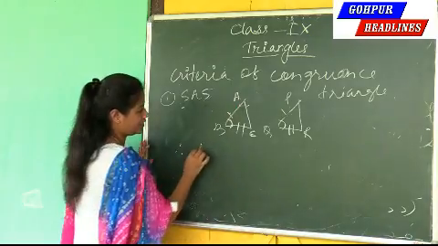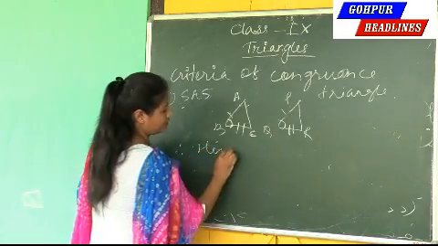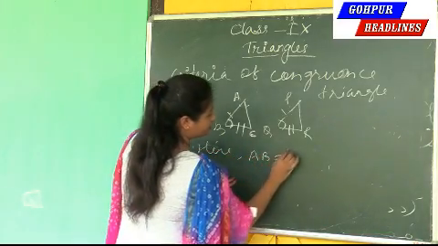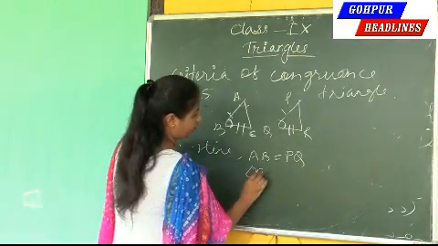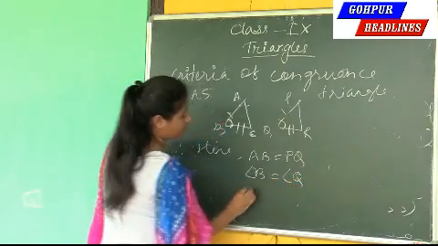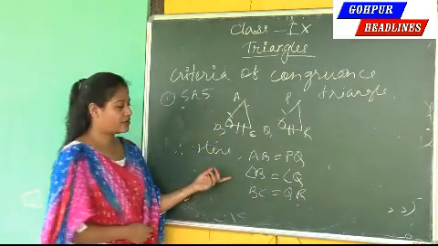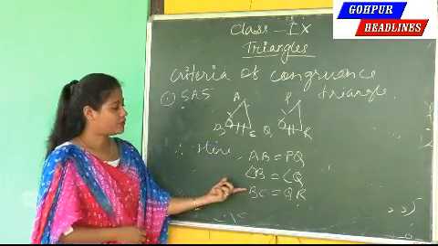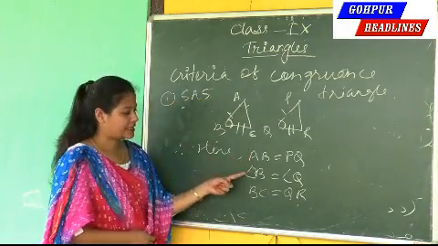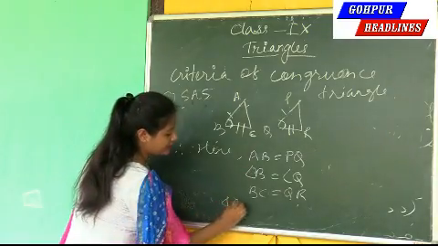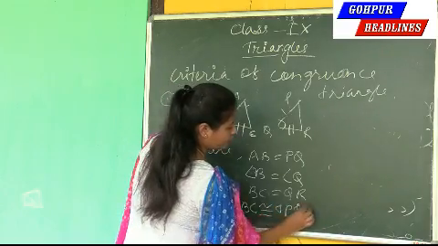Therefore, in triangle ABC, AB equals PQ, angle B equals angle Q, and BC equals QR. So according to side, angle, side, written in this arranging order, we can say that triangle ABC is congruent to triangle PQR.